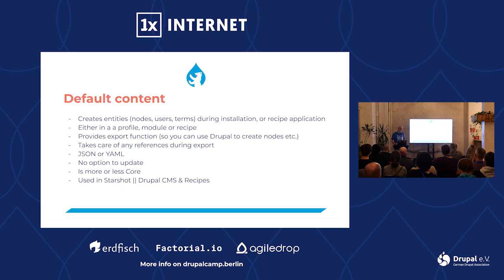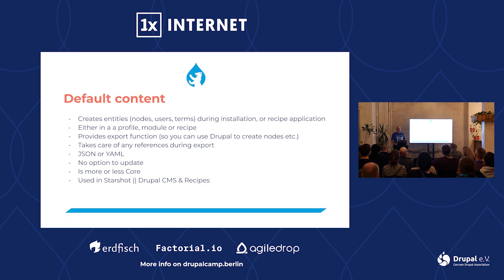A bit of a drawback is that you cannot repeat this process as often as you would with Migrate. There's no update option, so you can only do it once. If you want to do it again, you have to uninstall the module, delete the data, and then re-enable the module again. So that's much slower, but in some cases this may be more useful. I think, if you want to provide dummy data with a distribution or a content module, then this may be the better approach.